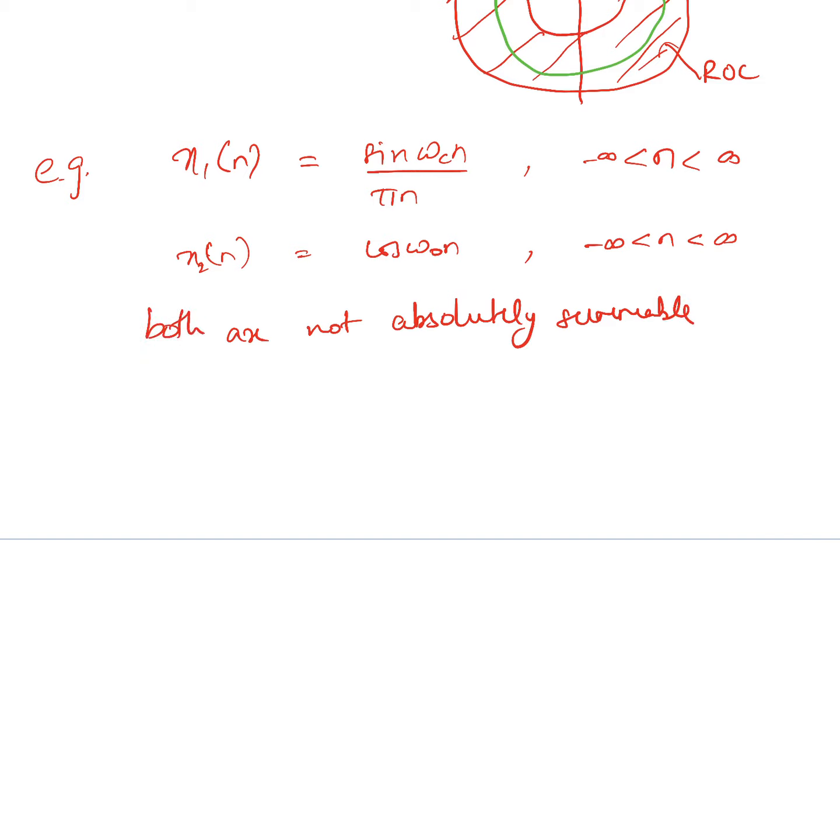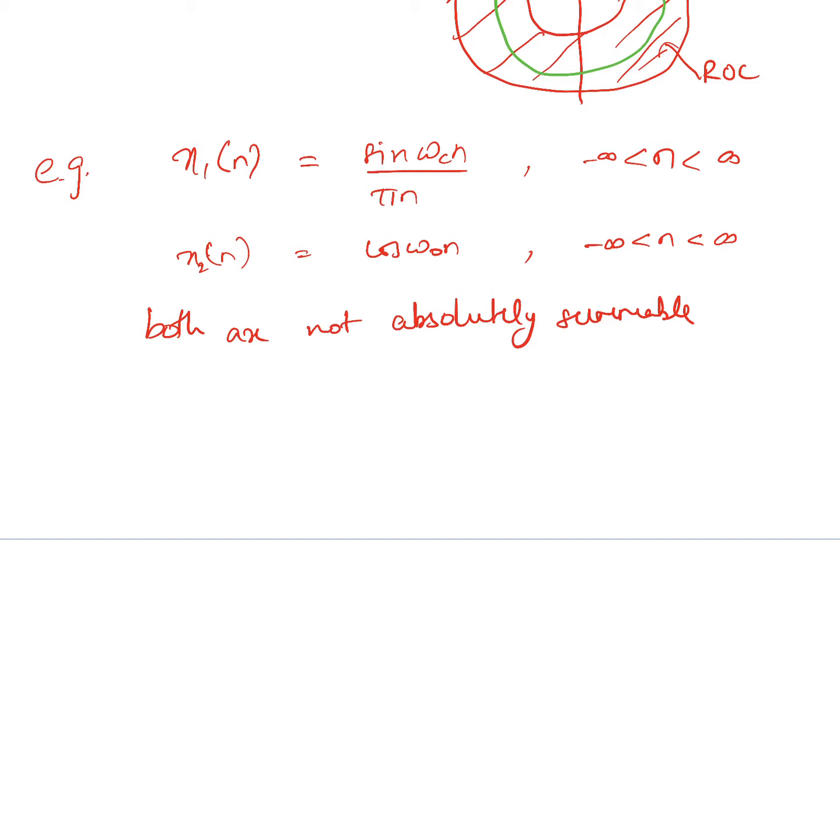And the interesting point to see is that neither of these sequences, even if you multiply by r to the power minus n, would be absolutely summable for any value of r. So neither of them has a Z transform that converges absolutely for any Z. So you cannot compute the Z transform.